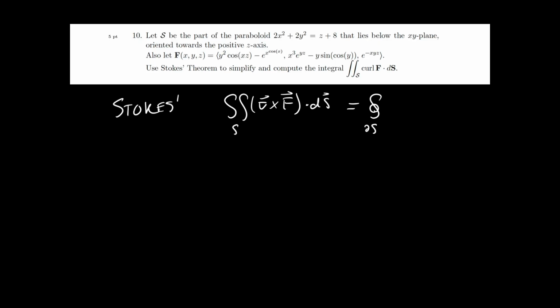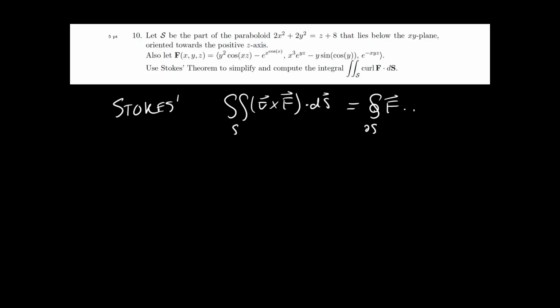Let me start by writing down Stokes' theorem first, and then also try to draw or give some visualization of that surface S, and maybe we can come up with some clever idea. Stokes' theorem tells us that the double integral over a surface S of the curl of a vector field F is equal to the single integral over the boundary of the region.